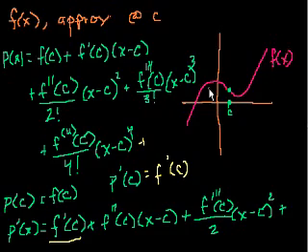And actually, we'll see that there's a whole class of functions where the Taylor polynomial, if you were to take the infinite series, is actually equal to that function at all points.